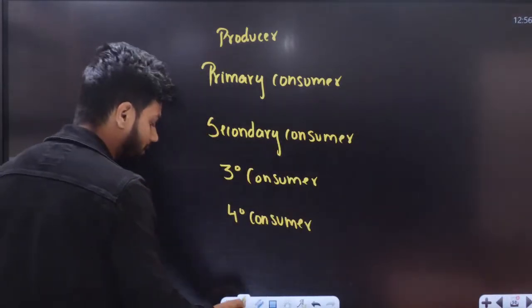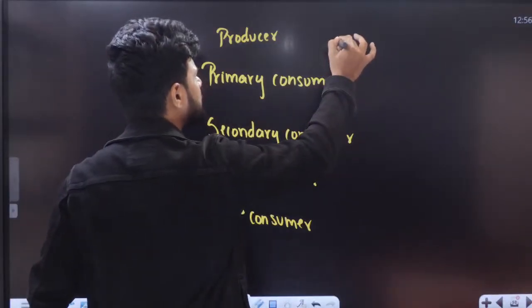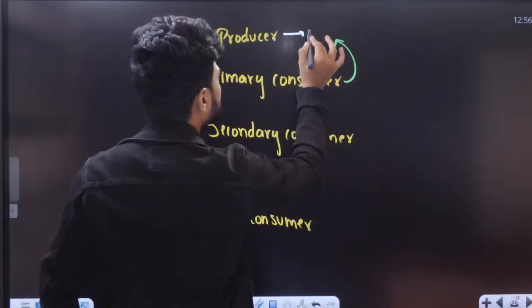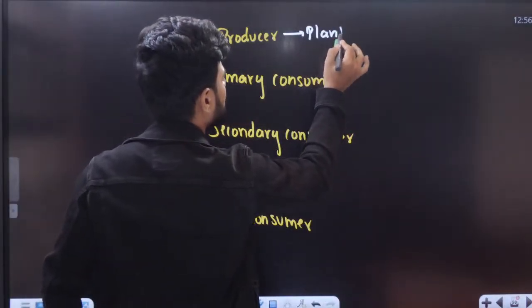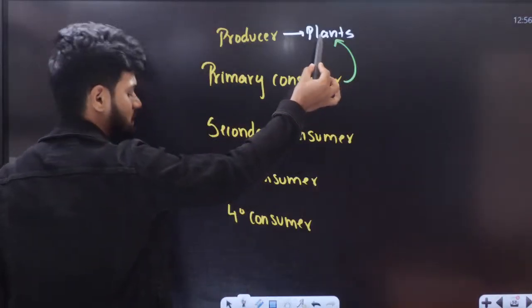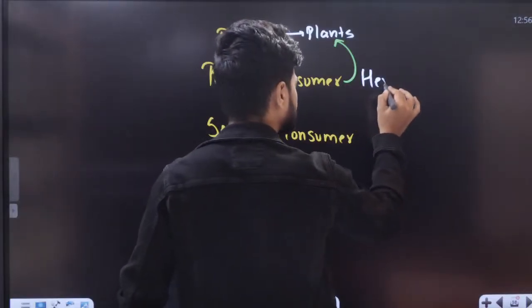Now understand, a primary consumer is directly eating the producers. And who are the producers here? Producers are the plants. If a primary consumer is directly eating the plants, it is called a herbivore.